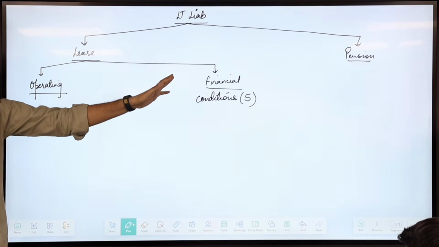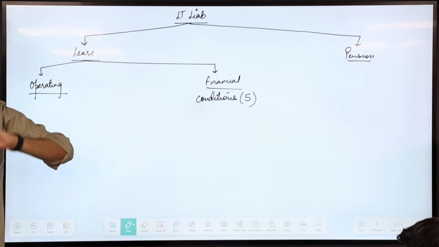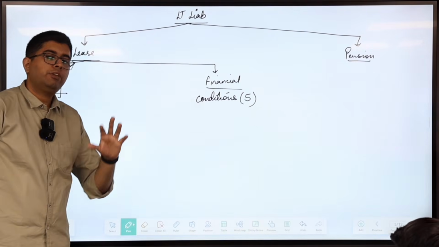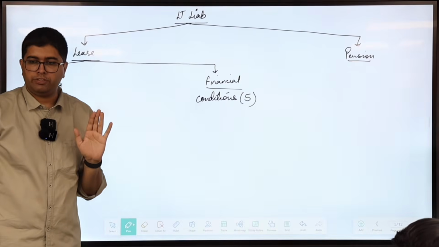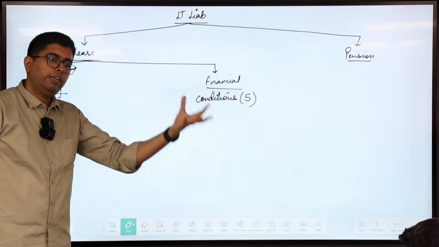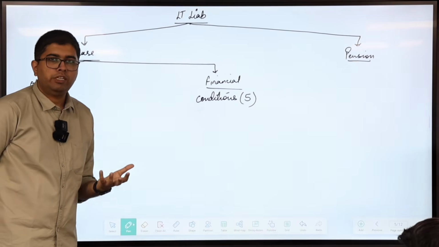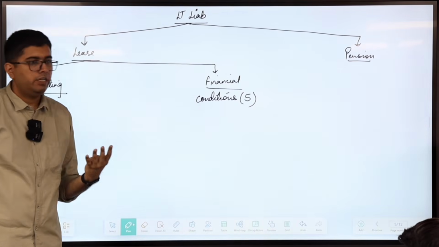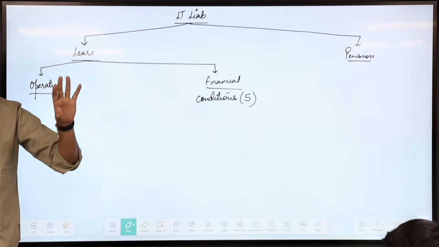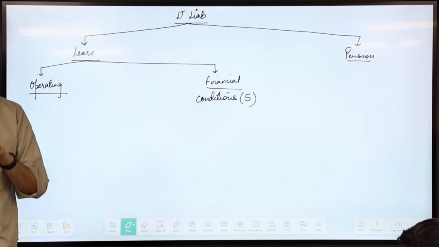Third condition is that the asset will automatically transfer over to the lessee. The ownership will transfer automatically at the completion of the lease tenure. Fourth condition, the lessee has an option to purchase the asset at expiry of the tenure at a discounted price.